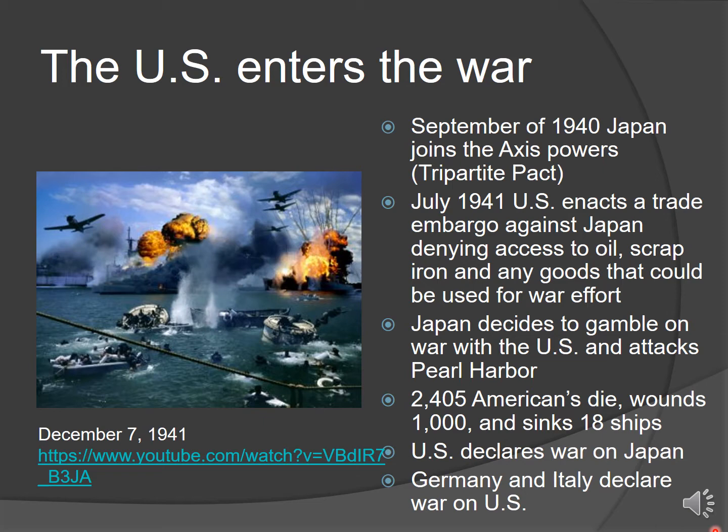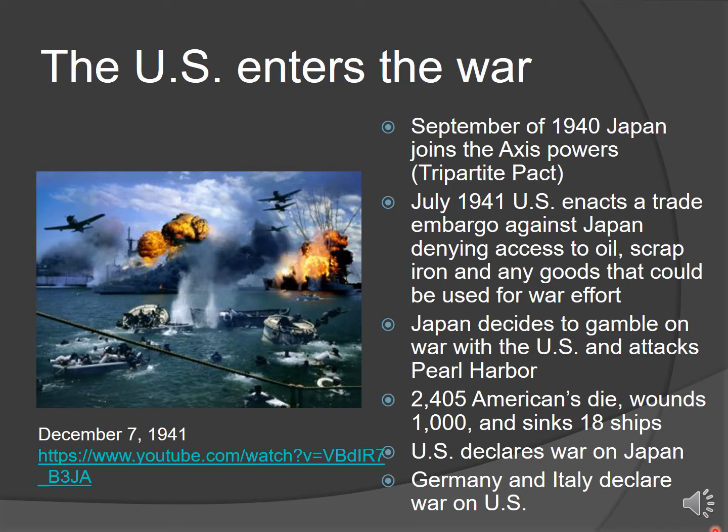But as Japan's military forces began to spread, it became clear to the United States that Japan had its eyes set on invading the Philippines. And the Philippines, of course, was also a U.S. territory at this time.